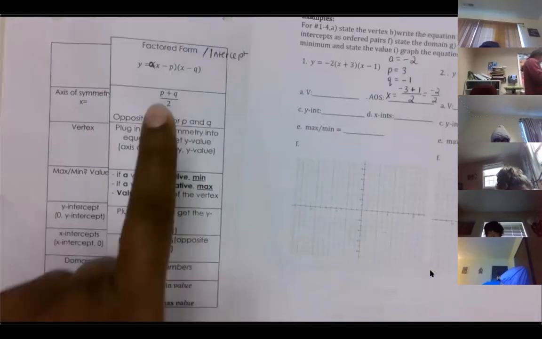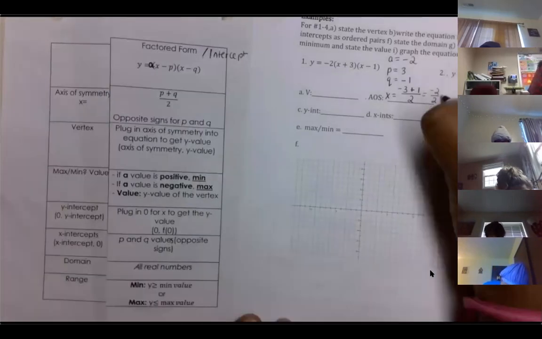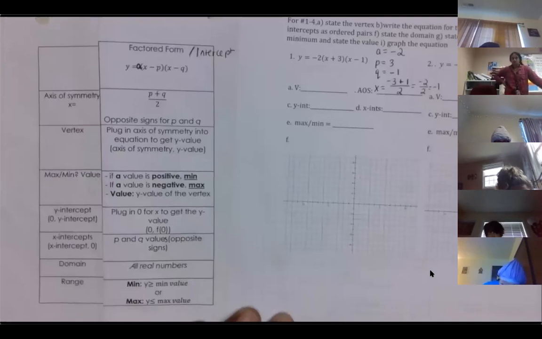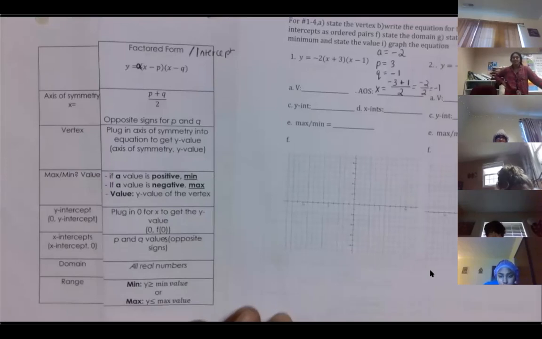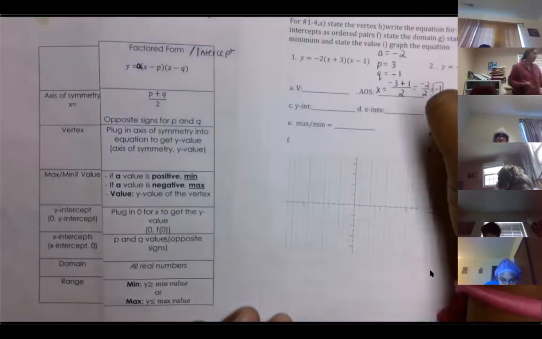And then -2 divided by 2 is -1. Questions? So x equals -1 is your answer.